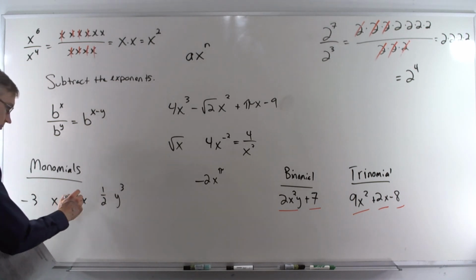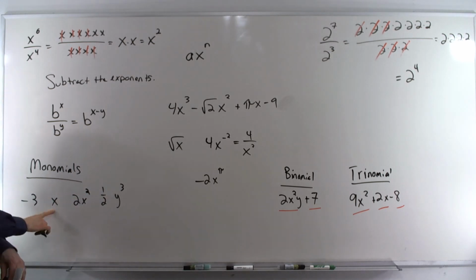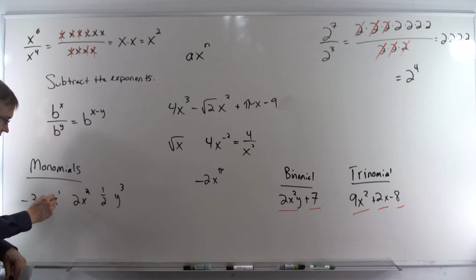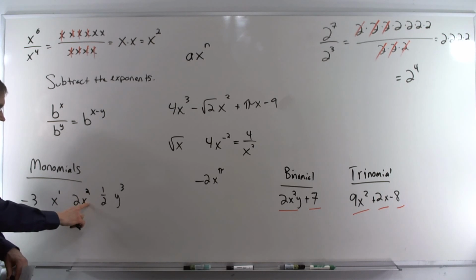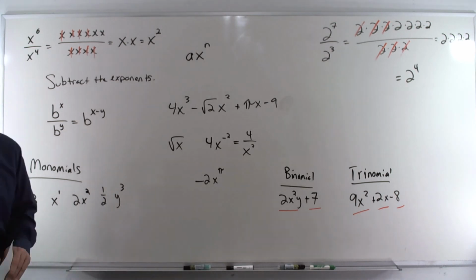So if we look at the exponents here, let's say that one's a 2. A single x, it has an exponent of 1, we just don't write it. So this would be a degree 1 monomial. Here, the exponent is 2. So this is a degree 2 monomial. And here the exponent is 3, so we have a degree 3 monomial.